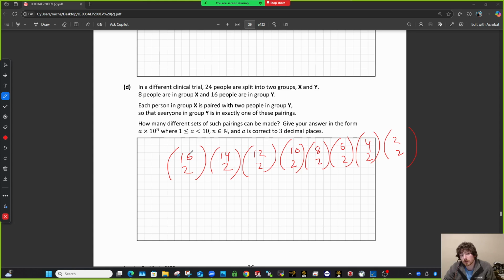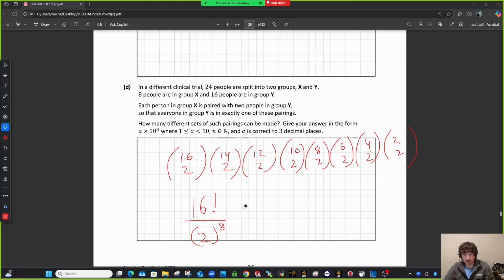If you remember how to do these by hand, this is 16 times 15 over 2 by 1. This is 14 times 13 by 2 by 1. So what this actually simplifies to, without having to type the whole thing into calculator, it's 2 by 1. You could say 2 factorial on the bottom, but 2 to the 8. Yeah, it's a tricky example.